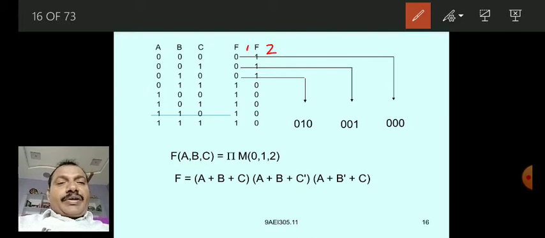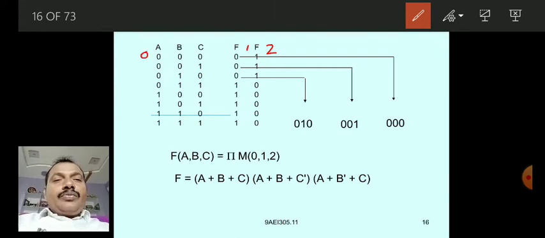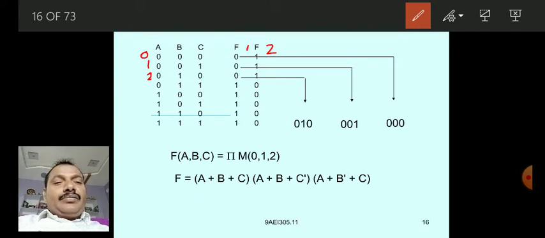For the F1 function, the max terms are 3. Where are the max terms? 0, 1, 2. Hence, for the F1 function, you have to write the max terms like this.